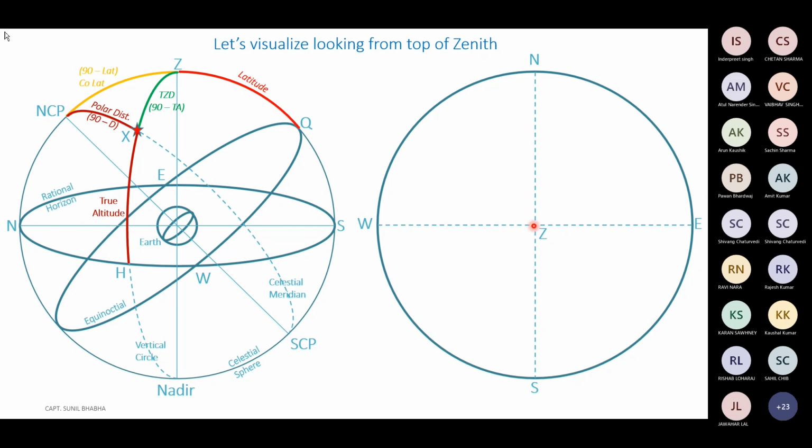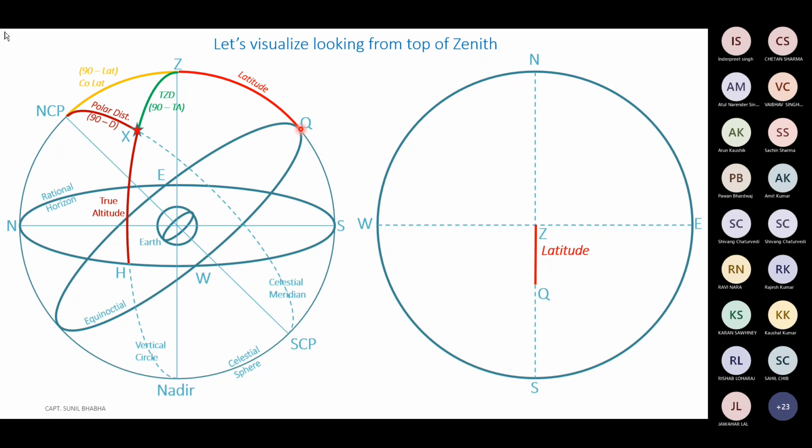From the zenith, when you move towards the S point and you move a distance equal to the latitude, you reach the Q point here. So from the zenith towards the south point, we moved an arc or distance equal to the latitude, and we reached the Q point. So this Q point represents the Q point in this diagram.